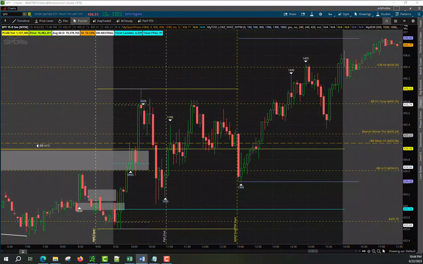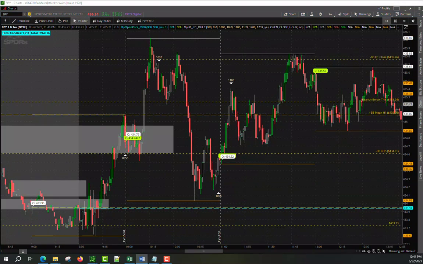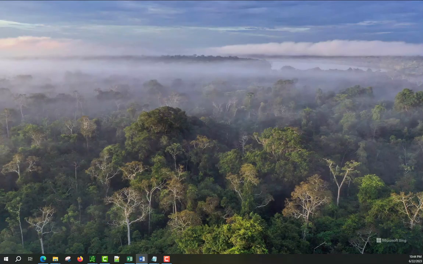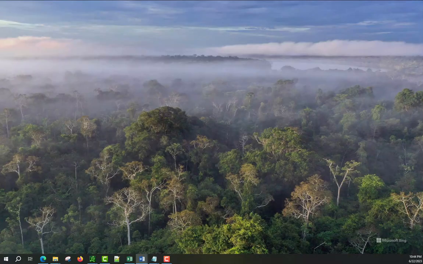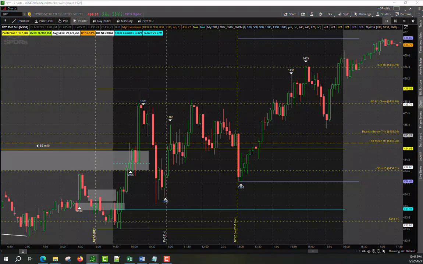And today we did raise the possibility that Thursday can be a reversal, right? But for other reasons, we took a short trade.